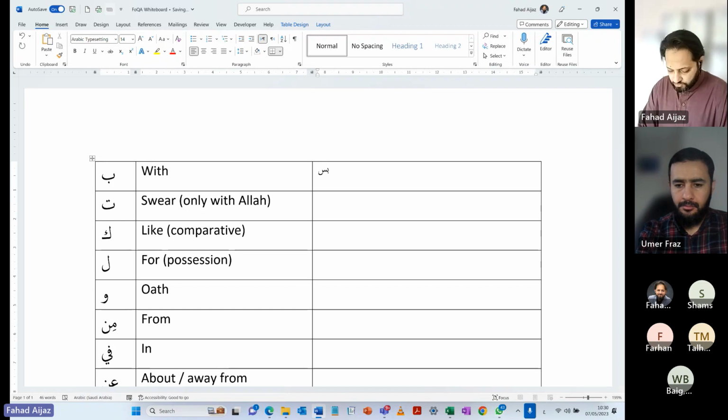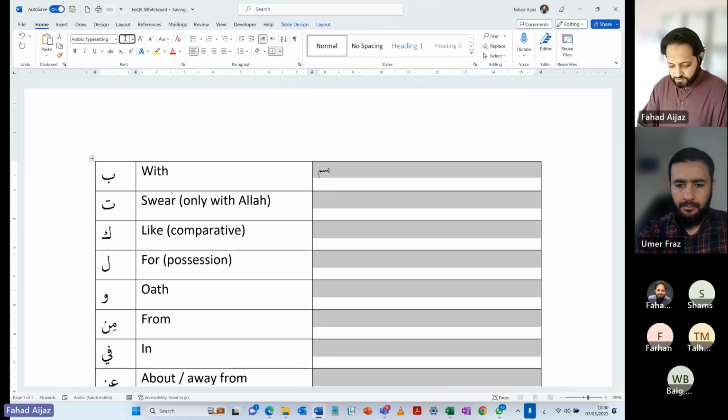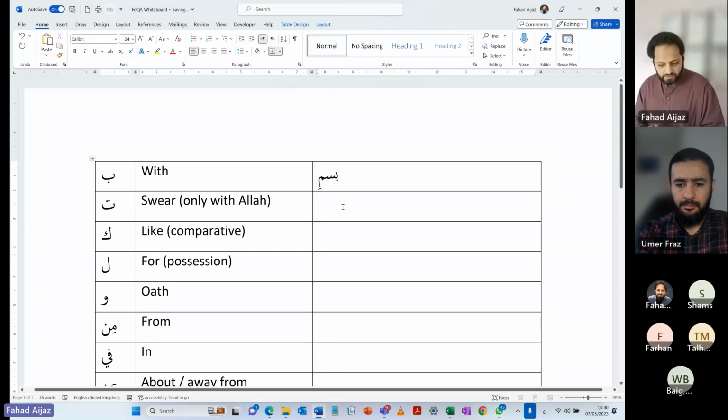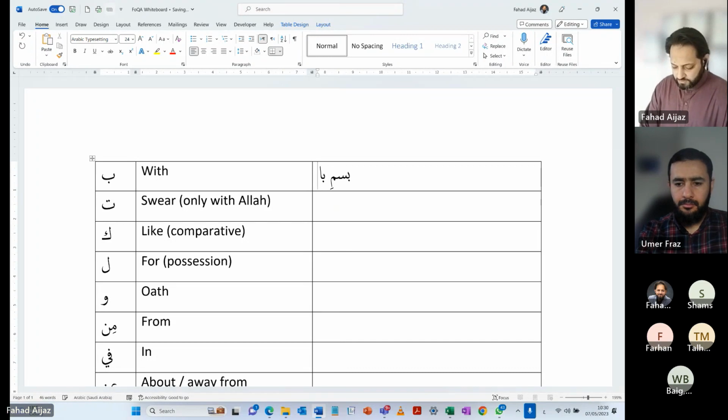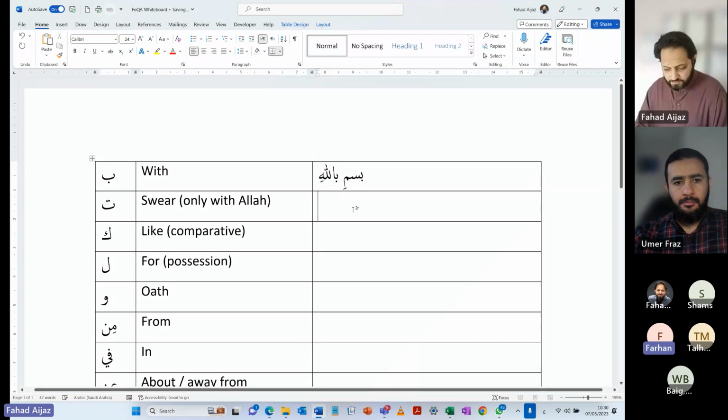So you know, bismi, we have done it a few times already. Bismi is one example. You might also have seen the word billahi, like that. Okay. That's also one example.